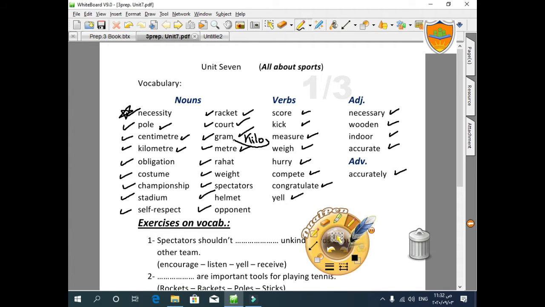Obligation means you have to do it, like necessity. Obligation and necessity are similar to each other, but with some difference. We are going to talk about this difference when we discuss the structure of today. Rahat, another meaning of hand.